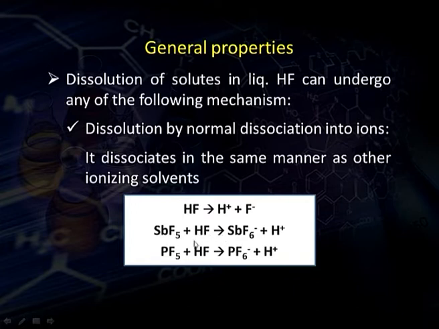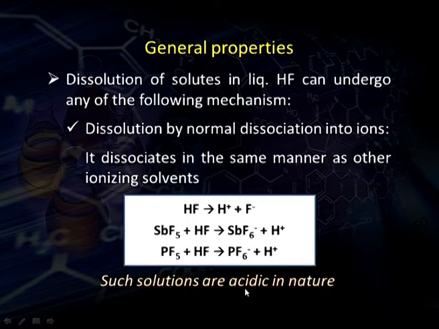When it reacts with HF, what happens? It will take the fluoride ion and form SbF6- plus H+. Similarly, PF5, when it reacts with HF, will form PF6- plus the proton. So, we can see that it is giving a proton here, so it will behave as an acid. So, such solutions are acidic in nature.